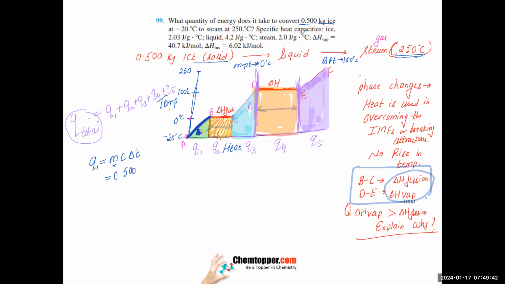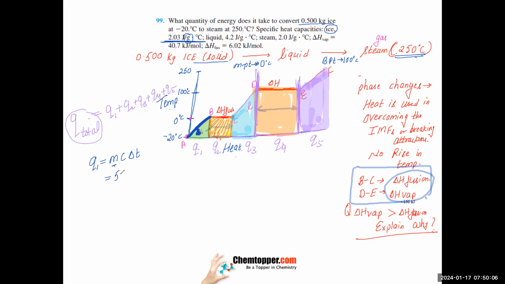But I cannot take it in kilograms, because if you see the specific heat capacity of ice here, children, it is in joules per gram. So I have to convert 0.5 kilograms into grams. Yes, very good, Aslesha is helping me.